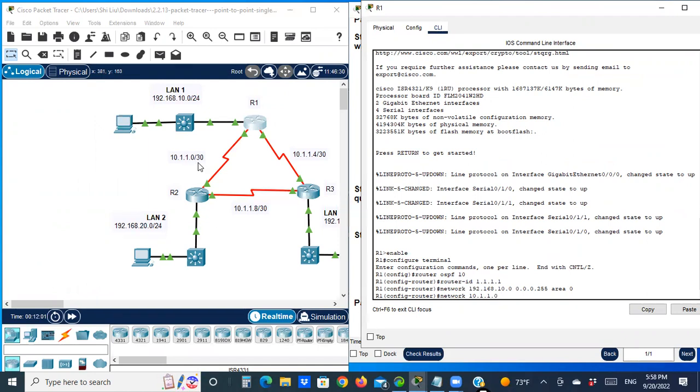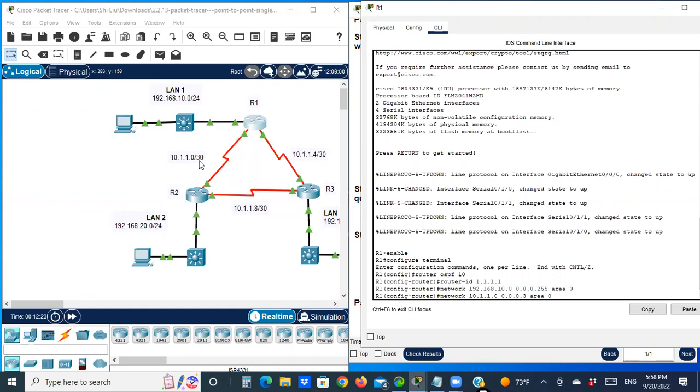The wildcard mask of the /30 is 0.0.0.3. Area 0.